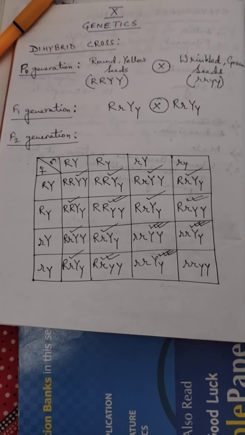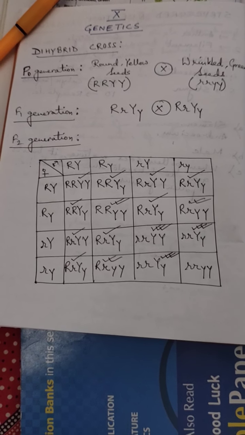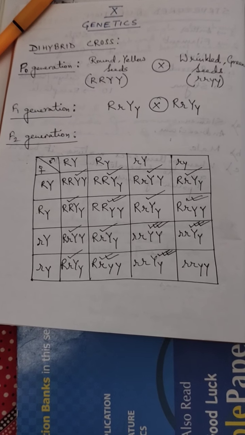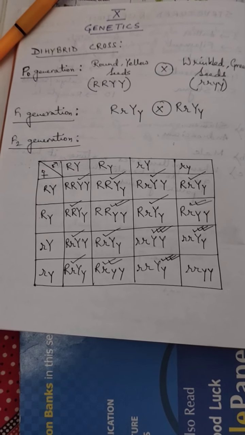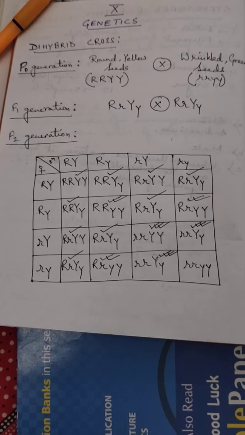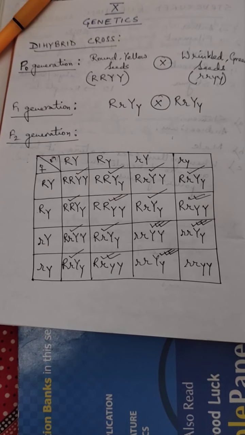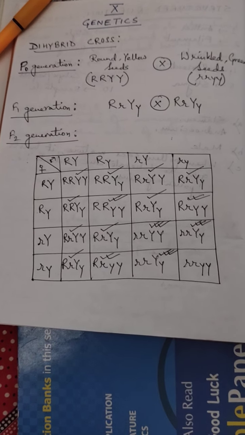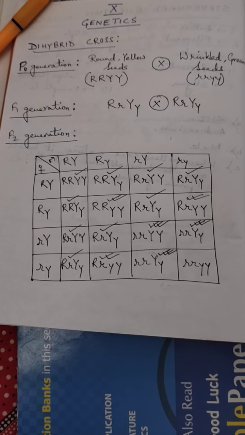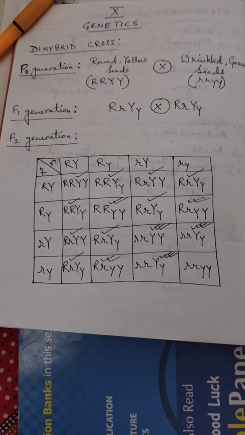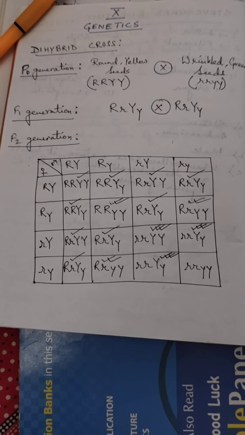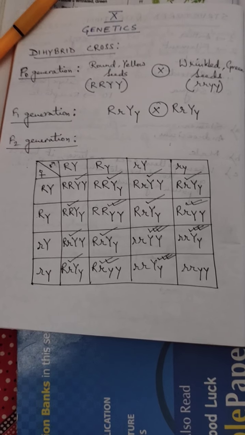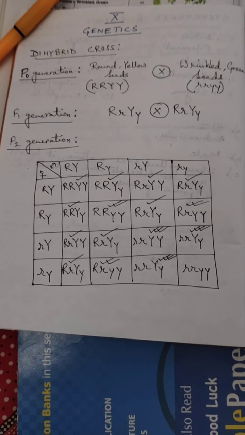Here again we have drawn the squares, 4 squares in each of the axis, and again we have given male and female sign, and over the squares we will take the probable genetic combinations at a time, like capital R capital Y, capital R small y, small r capital Y, small r small y.